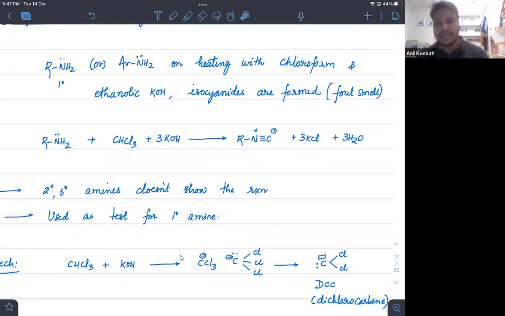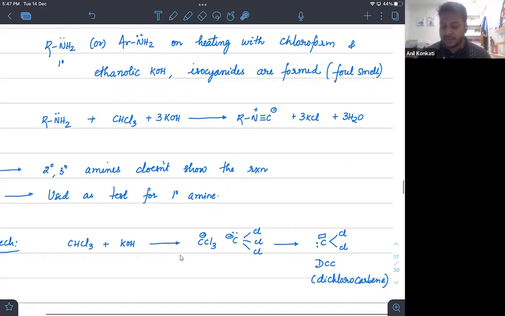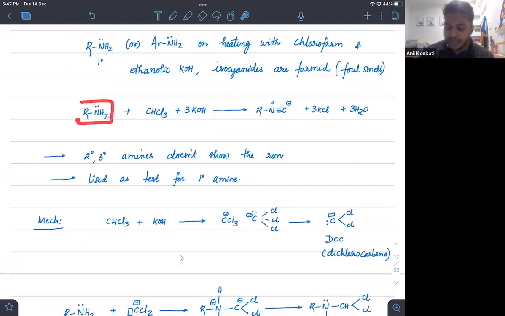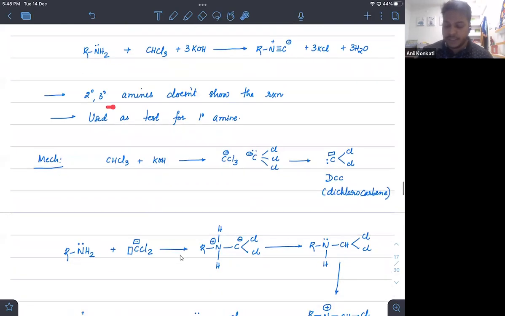So that is an indication that there is a presence of primary amine. If you take 1 degree amine, treat with CHCl3 with 3 moles of KOH, we'll get isocyanate with 3 moles of KCl and 3 moles of H2O. 2 degree and 3 degree do not respond to this reaction.